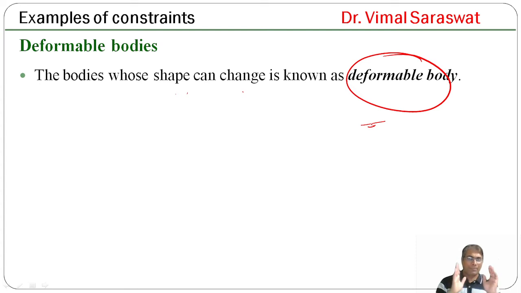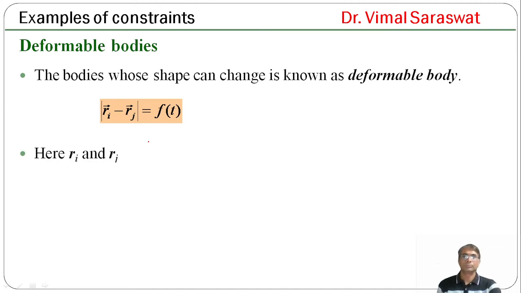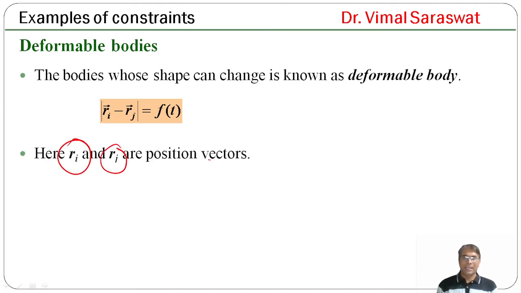It means on applying external force on a body, its shape changes. So Ri minus Rj is a function of time because the distance between particles changes with time. So Ri minus Rj equal to f of t, or function of time. Here Ri and Rj are position vectors.